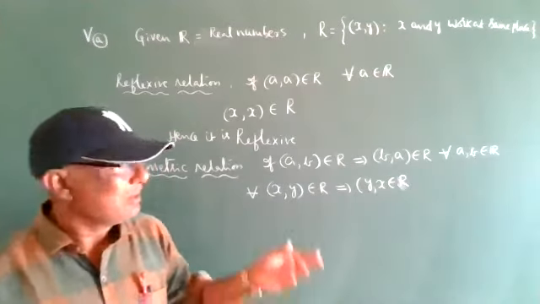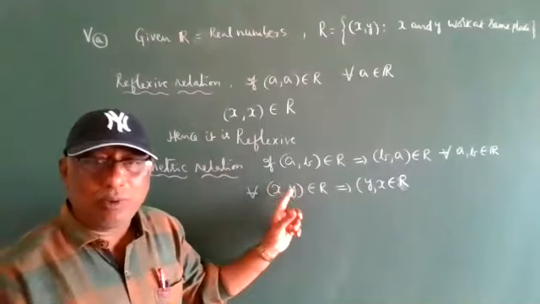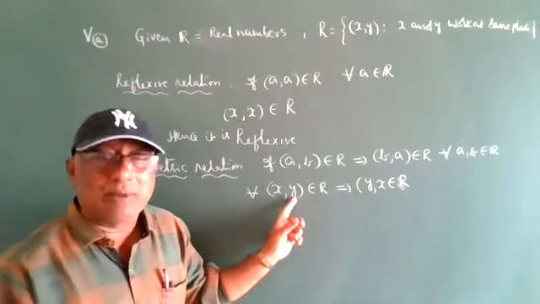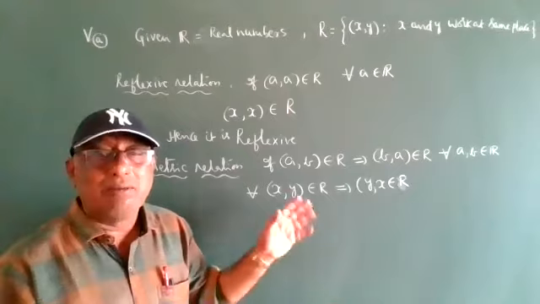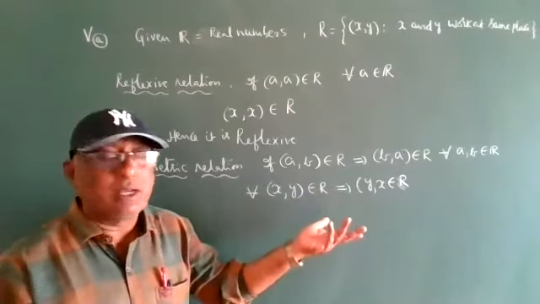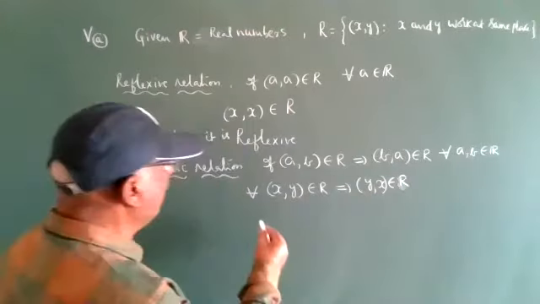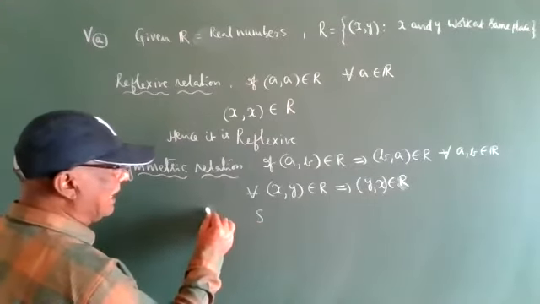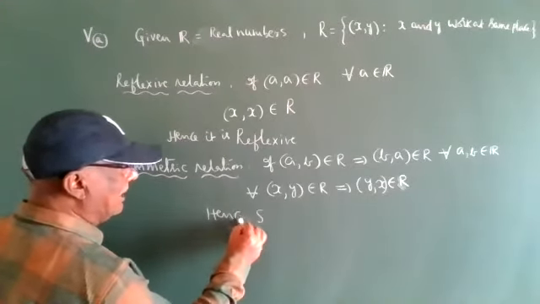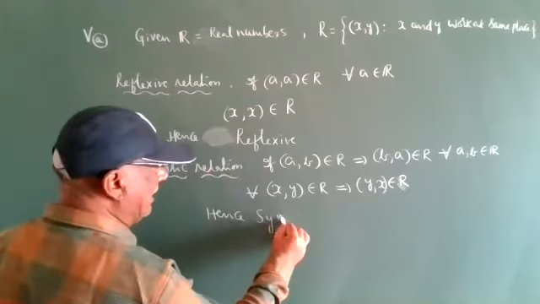So (x, y) belongs to R means both are in the same class, and in the reverse order they are also sitting in the same class. So (y, x) also belongs to R. Hence it is symmetric.